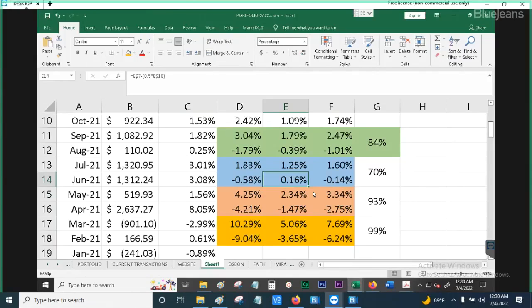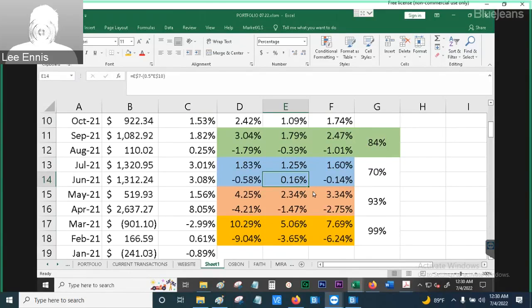That's what this number means here. 0.16 is a positive. These other numbers for the lifetime is negative 0.58, which is a loss, and for the last 3 years is negative 0.14. But for the last year of data, the worst case scenario is that there will be a gain every single month.